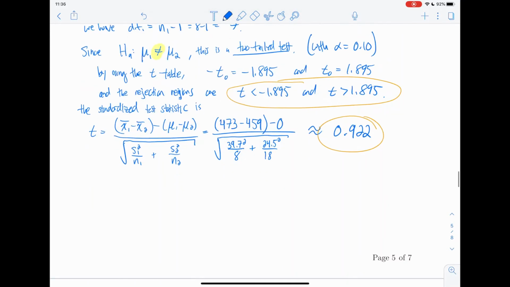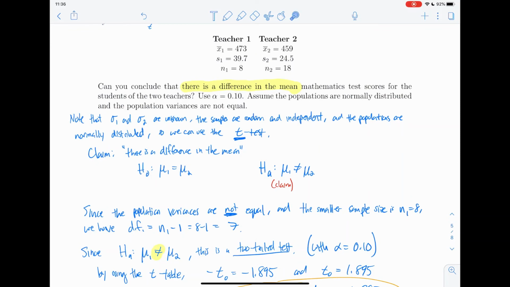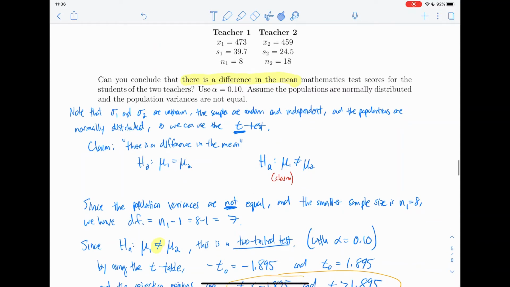So what that means is that since 0.922 is less than 1.895, what this means is that we do not reject H naught, which means the null hypothesis is favored in this case, meaning that there's not enough evidence to support the claim, since the claim, of course, is the alternate hypothesis here.